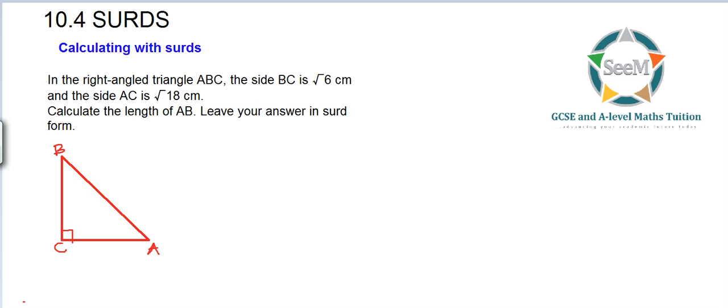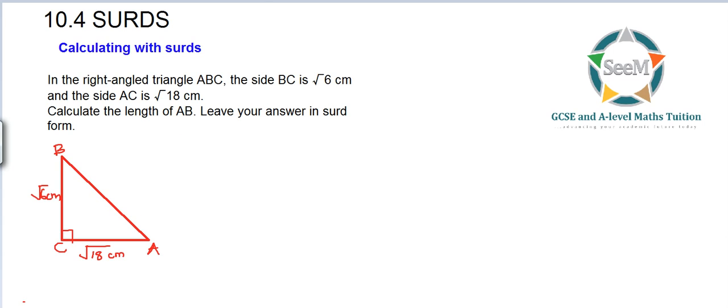We're told side BC is root 6 centimeter, and the side AC is root 18 centimeter, and we are asked to calculate the length AB, which is the longer hypotenuse side.